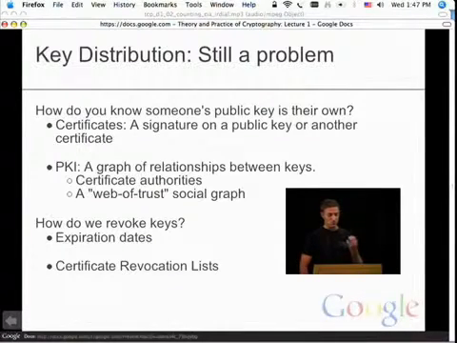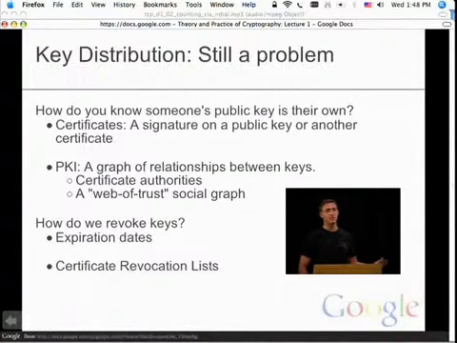One way to think of this, now that we've got these primitives, public key signatures, public key encryption, and message digests, is a tool that was invented by Lawrence Kohnfelder, who's at Google now, called a certificate. A certificate is just a signature on a public key.